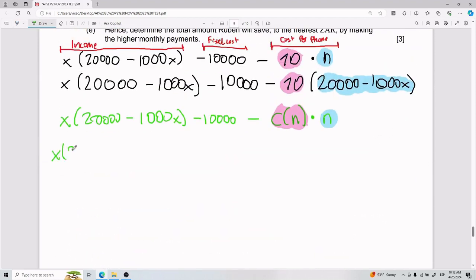Technically, your equation is now, well, this is not going to change, right? I make sure I have the right amount of zeros. Minus 1000x minus 10,000 minus, and here's the juicy part, you plug in C of n.